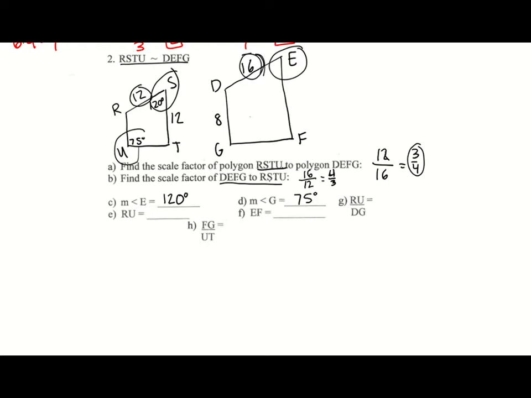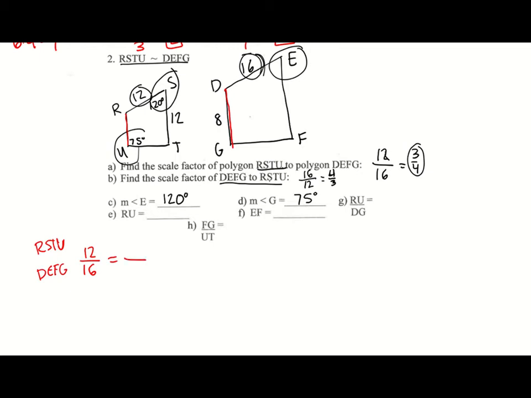Now for E, I'm looking for RU, this side right here. Well, I already know I have one ratio. I have my 12 over 16, and here I'm putting RSTU on top and DEFG on bottom. So when I set this up for RU, I'm going to compare that with DG.